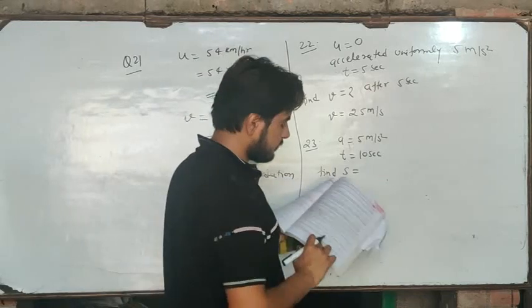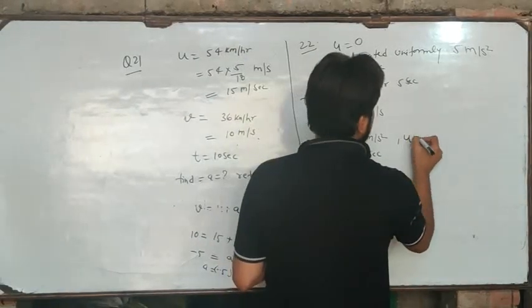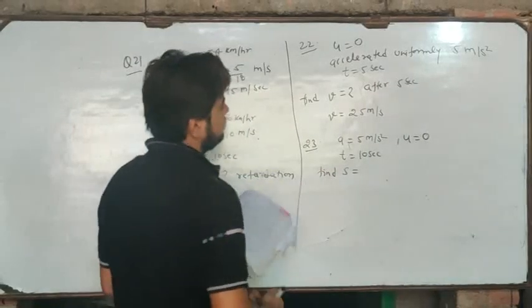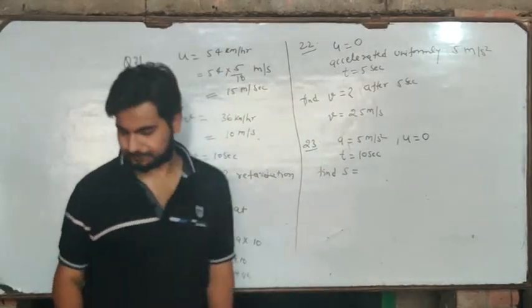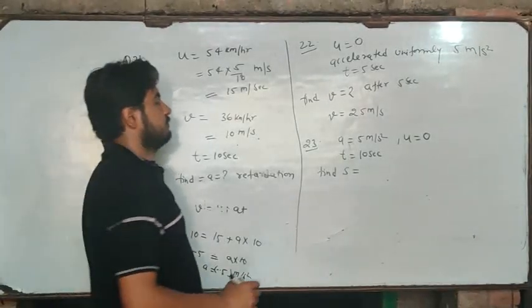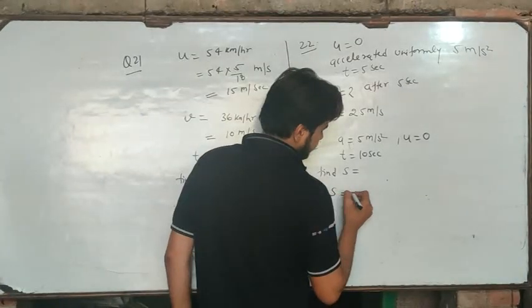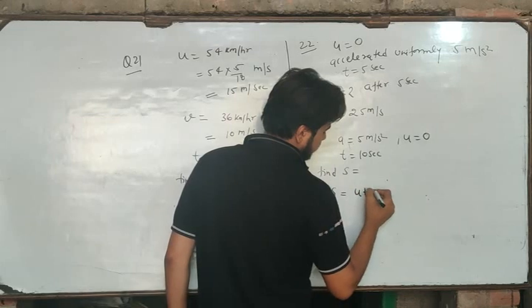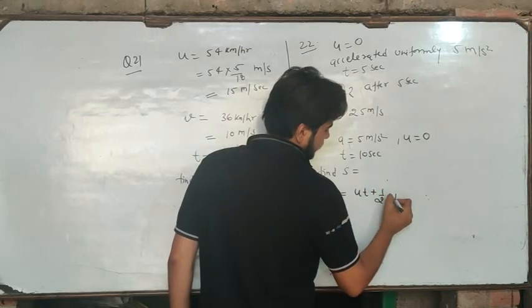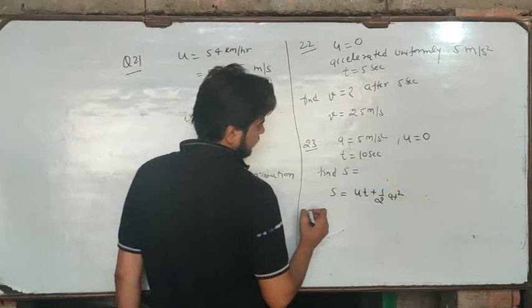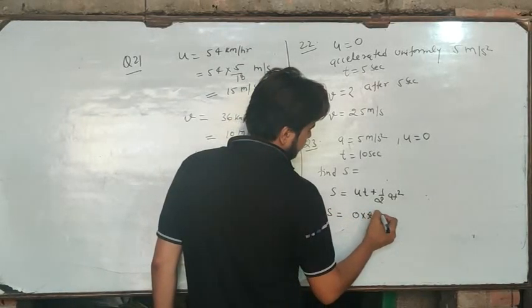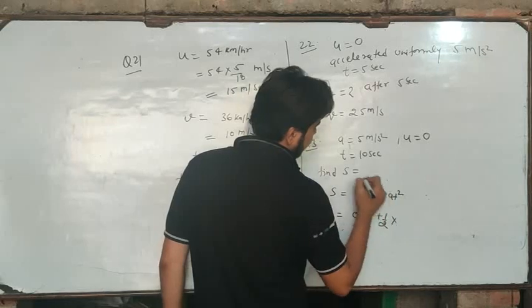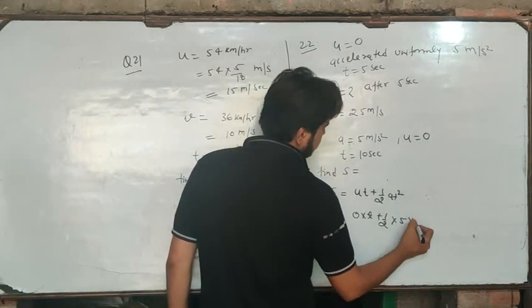The body starts from rest, so u is equal to 0. Find the value of s. How do we do this? s is equal to ut plus half at square. s is equal to 0 into t plus half a into t square.